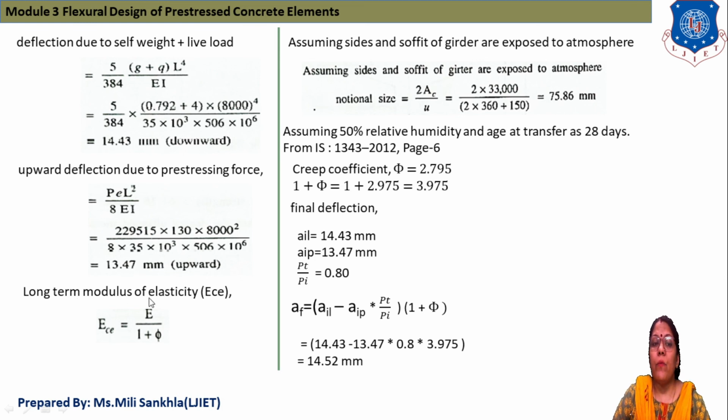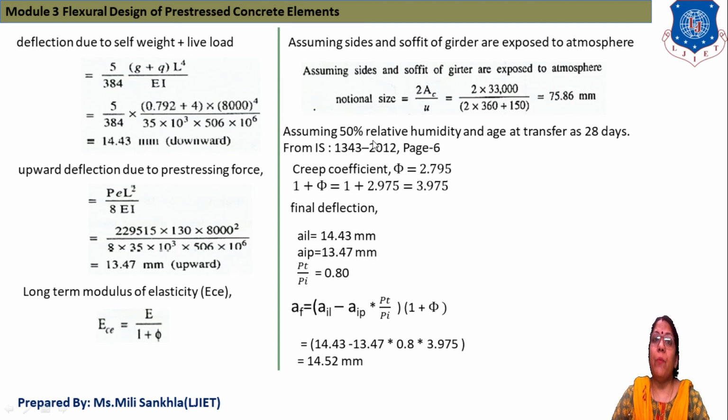Now the long-term modulus of elasticity ECE is equal to E divided by 1 plus phi. Assume that the side and soffit of the girder are exposed to atmosphere. Assume the nominal size 2 Ac by u, where 2 into area of concrete is 33,000, divided by 2 into 360 plus 150, that is 75.86 mm.